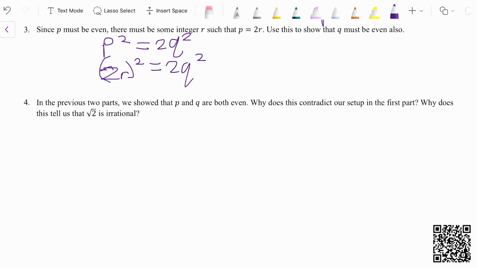And if you guys are mathematically good, you might already be able to see ahead of the future steps. But if we bring the square into our parentheses, we will get 4r squared is equivalent to 2q squared. And if we divide both sides by 2, we'll see that 2r squared is equivalent to q squared.